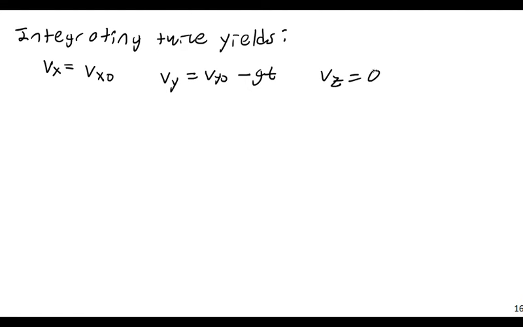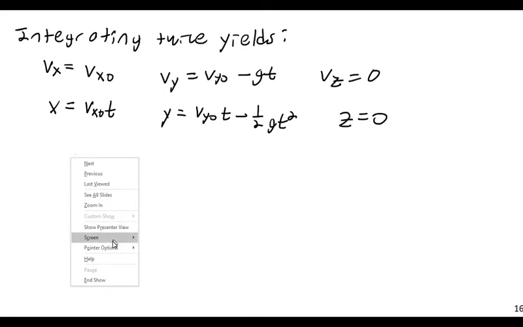So basically this is integrating and then putting in boundary conditions. x at a certain time t is going to be Vx naught times t, y is going to be equal to Vy naught times t, sorry, minus 1/2 gt squared, and then z is simply equal to 0.